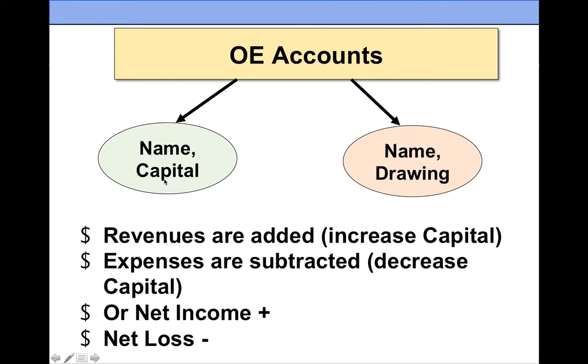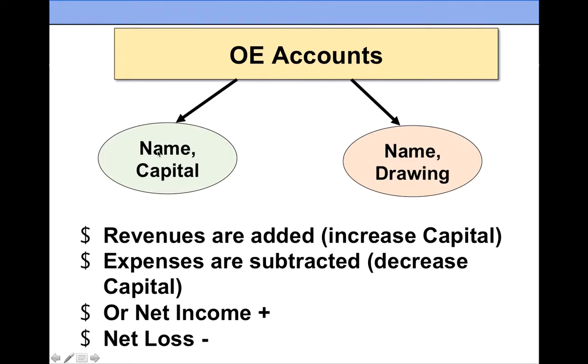And so guys, in addition to my capital and drawing account, if you think about the relationship of revenues to equity, revenues increase my capital. When I earn revenues, my capital goes up. So revenues are kind of a subgroup under owner's equity. I sometimes think of owner's equity as an umbrella.